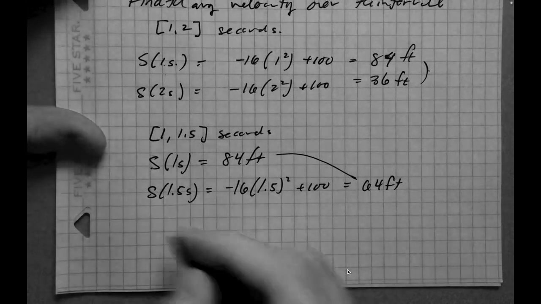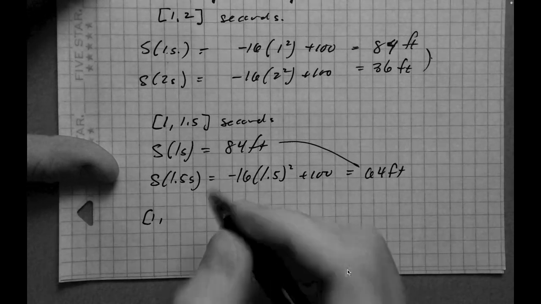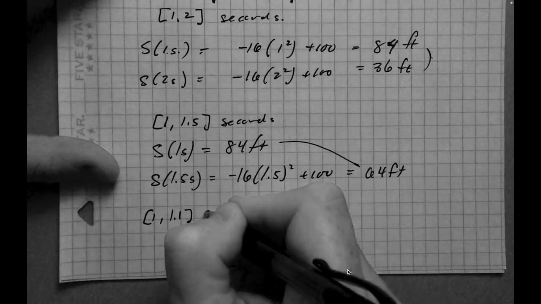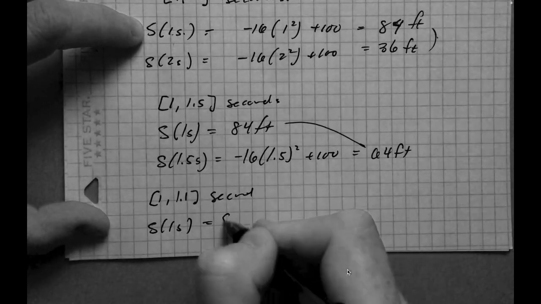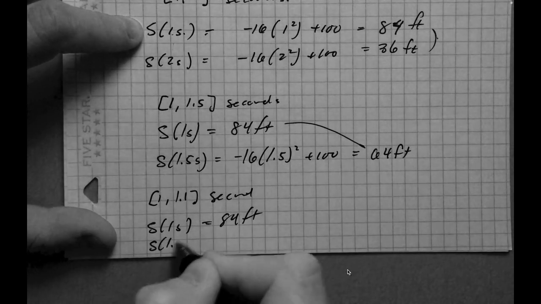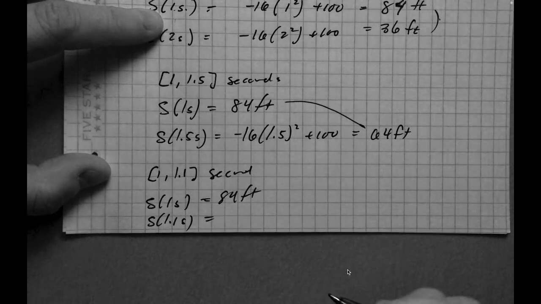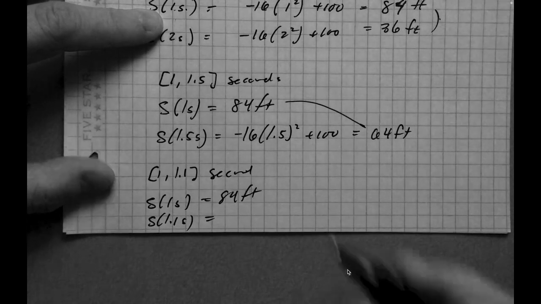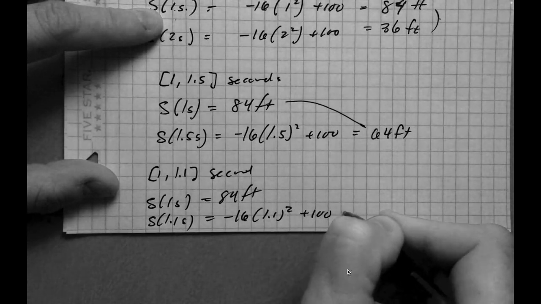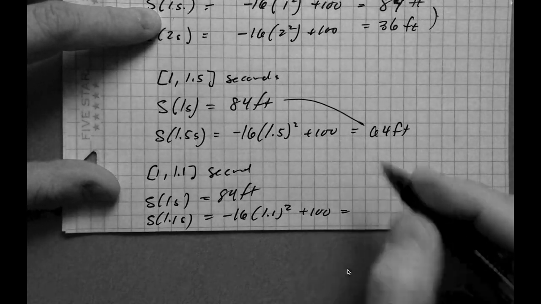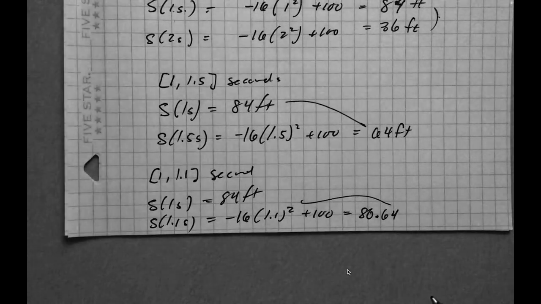What about just a fraction of a second later, 1.1 seconds? s of 1 second, just like before, is 84 feet. s of 1.1 seconds is negative 16 times 1.1 squared plus 100. We'd get 80.64, so you can see that we're getting really close.